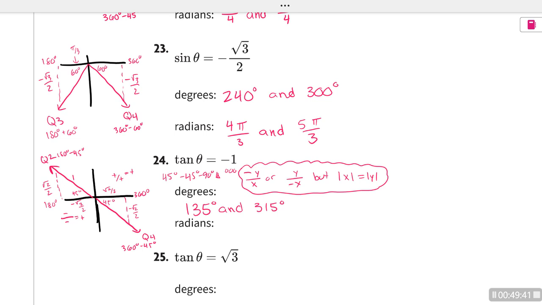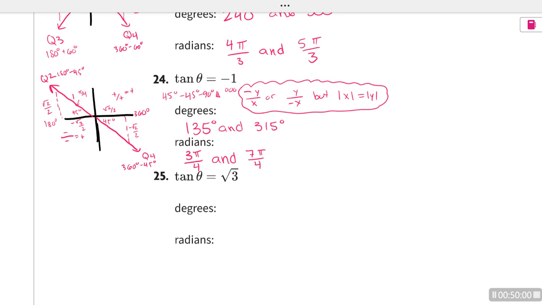So pi over 4 is equivalent to that 45 degrees. So here we're going to get 3 pi over 4 because we're above that pi marker, and 7 pi over 4. Okay, that's 24, so let's move on to 25.